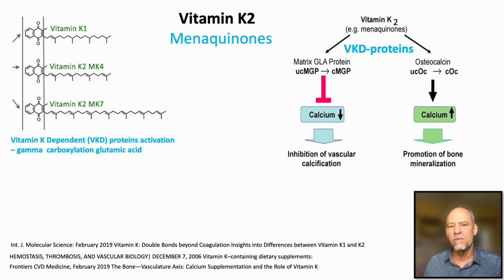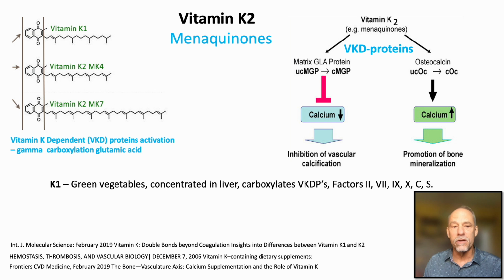But vitamin K2 turns on two other proteins. It turns on osteocalcin, which increases calcium deposition in bones, and it turns on something called matrix GLA protein. And this actually decreases calcium absorption in the vasculature. So I use vitamin K2 not only in my bone health patients, but in my cardiovascular risk patients.